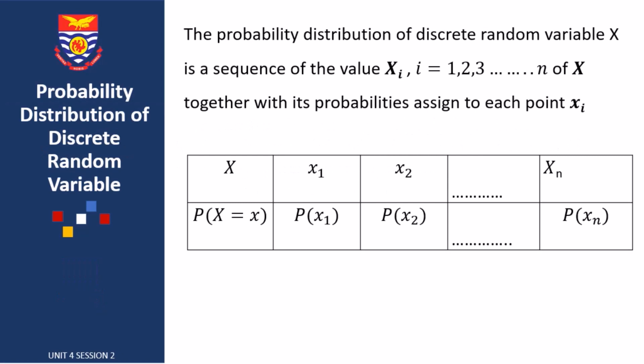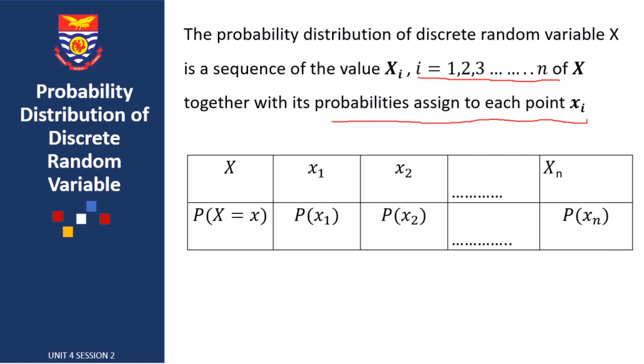The probability distribution of a discrete random variable x is defined as a sequence of the values xi, where i varies from 1, 2, 3 up to the nth number of x, together with their corresponding probabilities assigned to the xi.